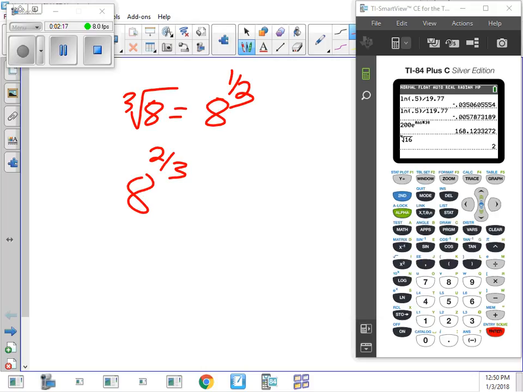Well, the bottom number is asking, can 8 be split into 3 equal multiplications? Can I do something times itself and equal 8? 2 times 2 times 2. Okay. And what does this number tell me?